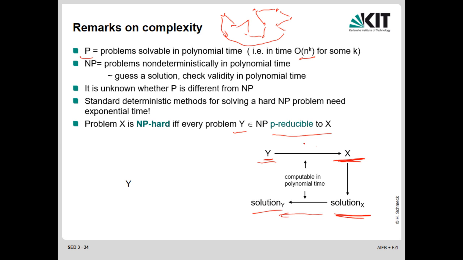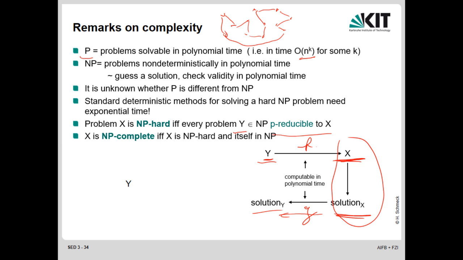And these two transformations, f and g here, have to be computable in polynomial time. Then the difficulty of solving problem y is only by a polynomial expression different from the difficulty of solving problem x. It means this is polynomial time reducible to the problem x.